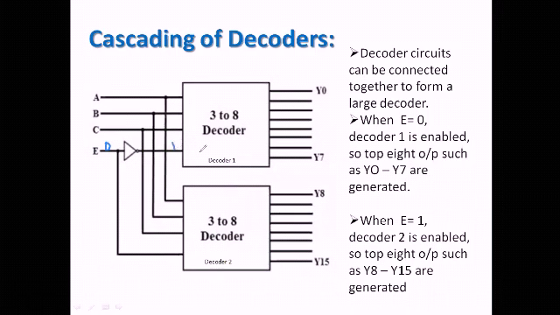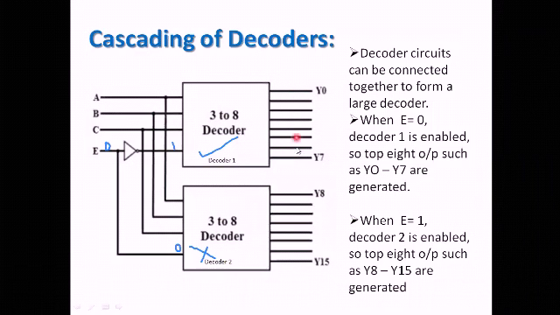So decoder number 1 is enabled. Now what happens in the case of this one? Here we are getting 0. 0 means this is disabled. So when this decoder 1 is enabled, it means that Y0 to Y7 we are getting.